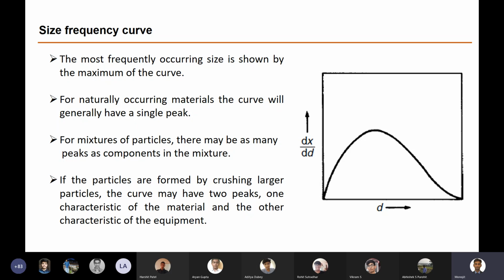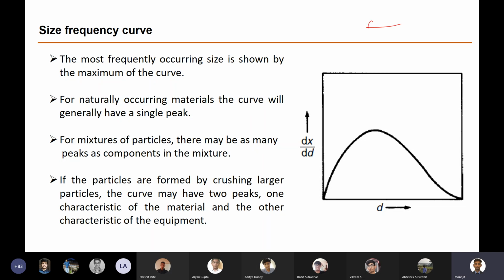So one peak corresponds to the material of the particle, and another peak might be because of the nature of the instrument that is used to break the particle. This is not very intuitive. Suppose you have two mixtures made of the same material, but if you draw this frequency graph, you get two peaks, but the peaks are not the same.